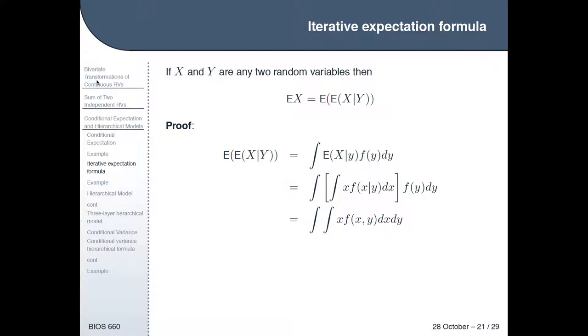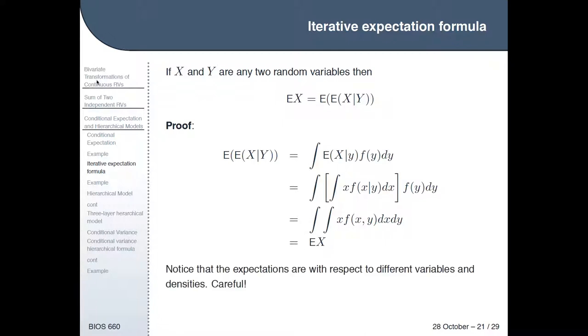We basically have the probability of X given Y times the probability of Y, which is just the probability of X and Y. Well, that's the double integral of f of x and y times x, which of course is just the definition of the expected value of x.